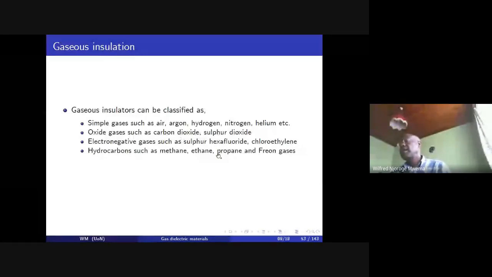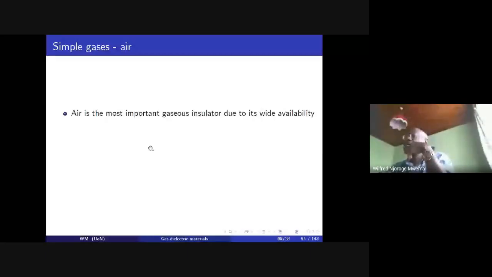And Freon gases are being removed because of their environmental degradation. They will be used as among the simple gases.